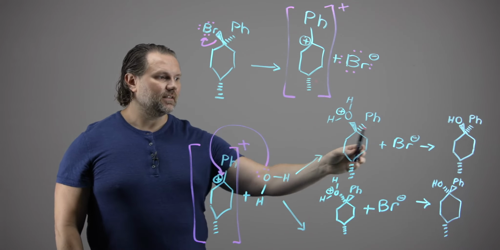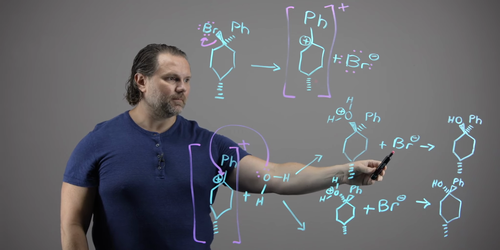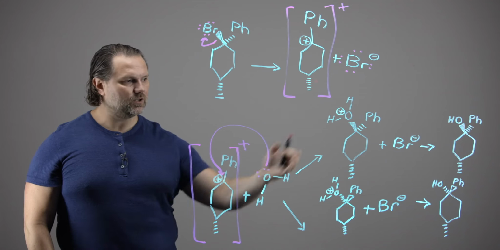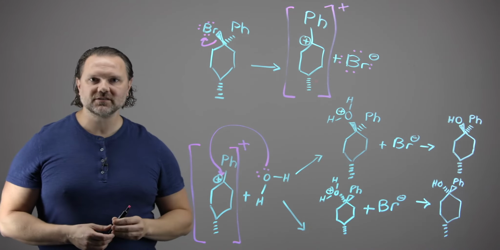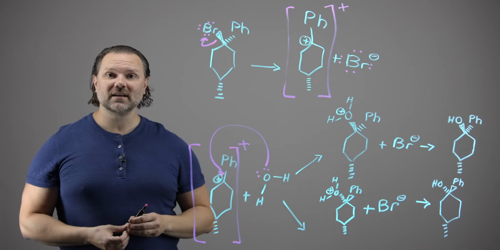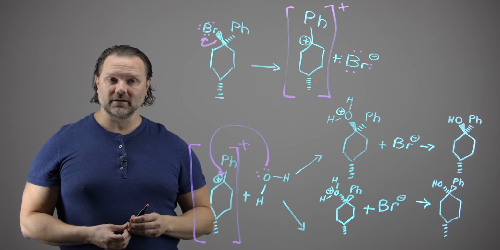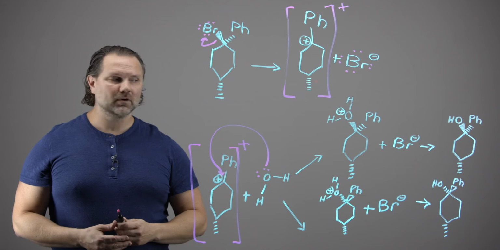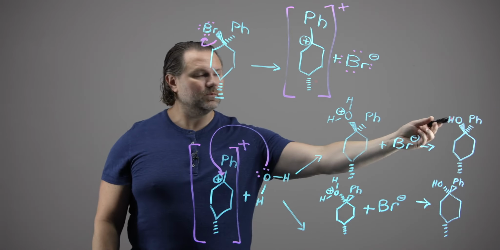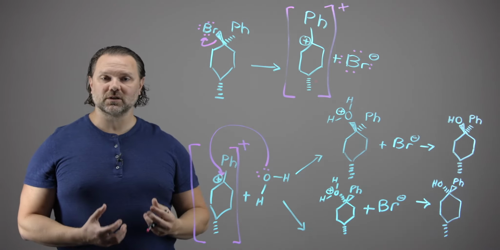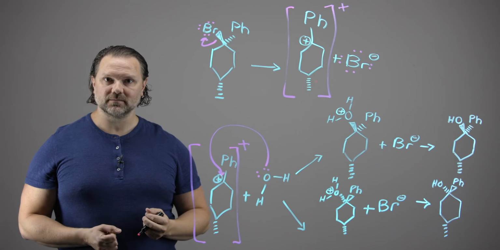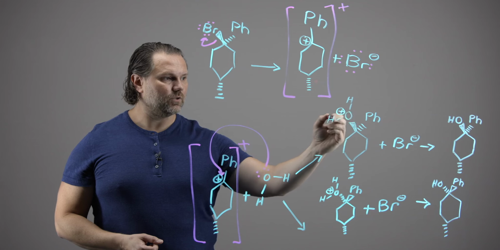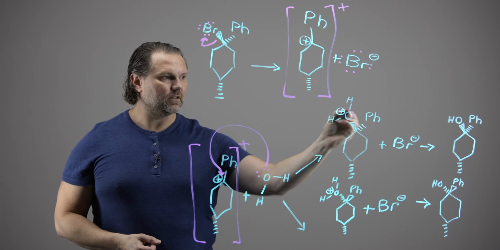We see that we have a negatively charged bromine, we have our positively charged oxygen. And when you have a molecule that has a positively charged oxygen in it, we call that an oxonium ion. We need to stabilize that to get to our product, and we do that by removing one of the protons from that oxygen. So initially this oxygen would have 1, 2, 3 bonds and a lone pair.